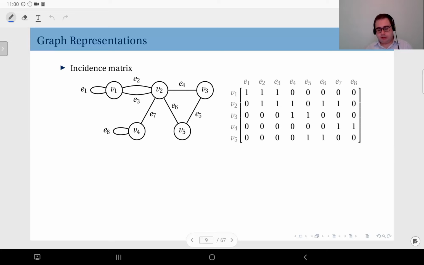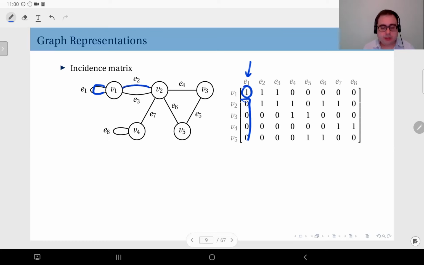You simply list the incident vertices to each edge in this matrix. For instance, E1 is a loop, so the only vertex incident to E1 is V1. Therefore, I have a 1 here, but all zeros in the rest of the column.